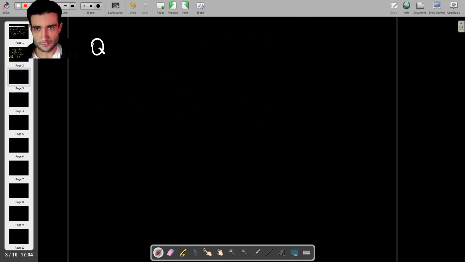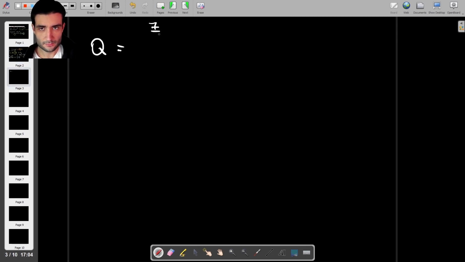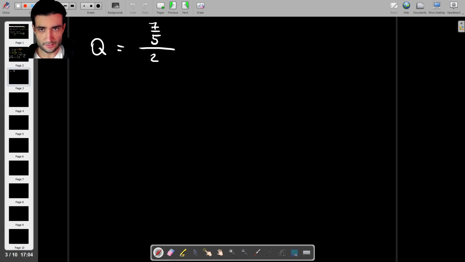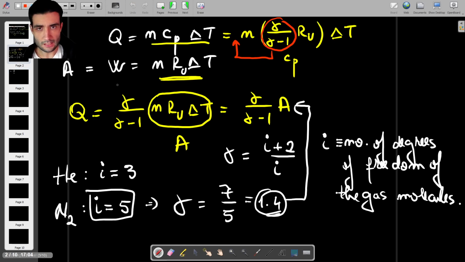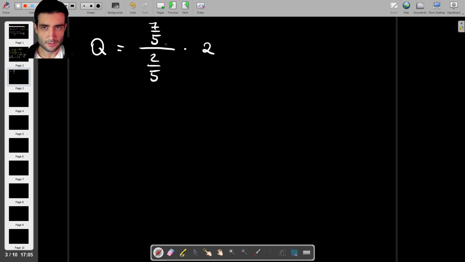So Q becomes equal to, gamma is 7 over 5, and gamma minus 1 is 2 over 5, and A is 2 joules, so times 2. The 5 and the 5 go away, so we have 7 over 2 times 2, and the answer is 7 joules.